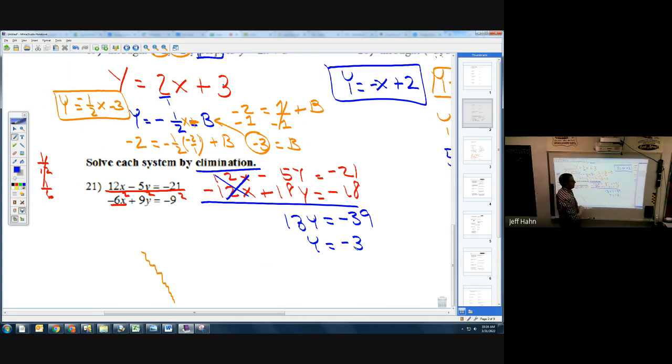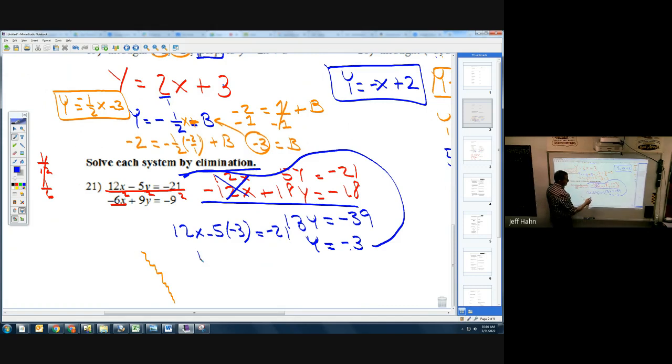Now, once you know y, here's the key. You know what y is, so you have to put what y is in for y in any of these equations up here. It doesn't matter. Let's say I put it in this top one. I have 12x minus 5 times whatever I figured out y to be, 5y, equals negative 21. 12x plus 15 equals negative 21, which again, I got this 12.